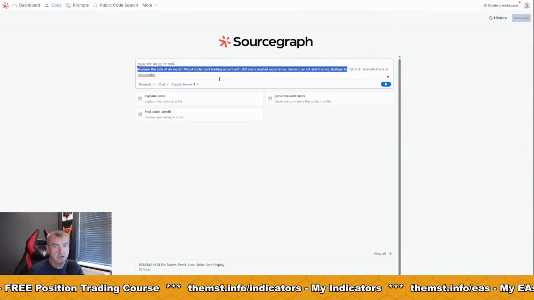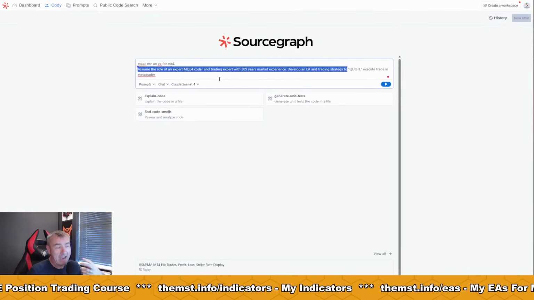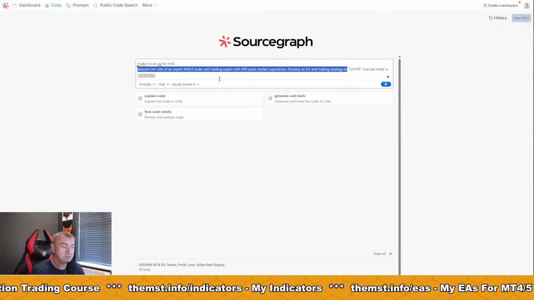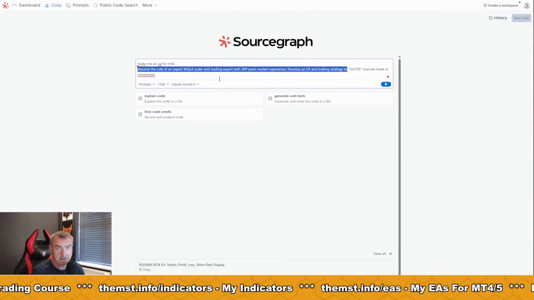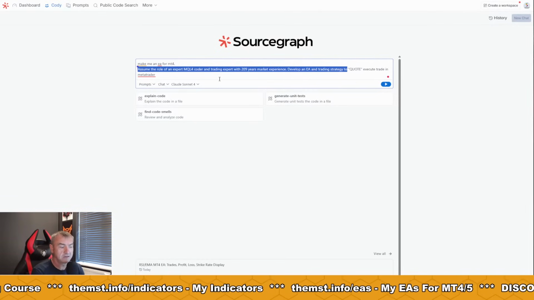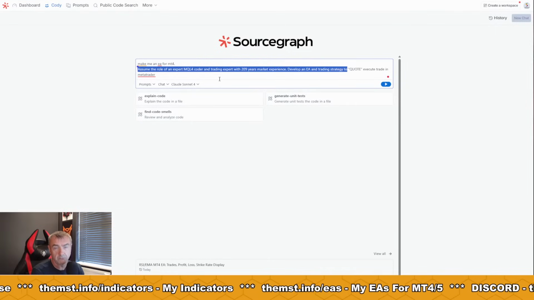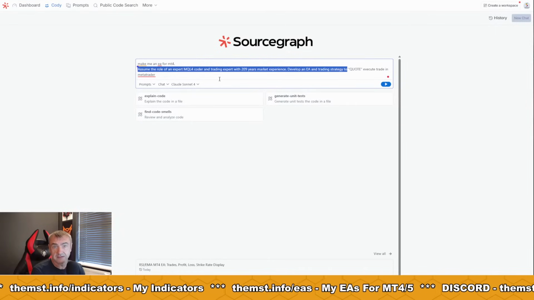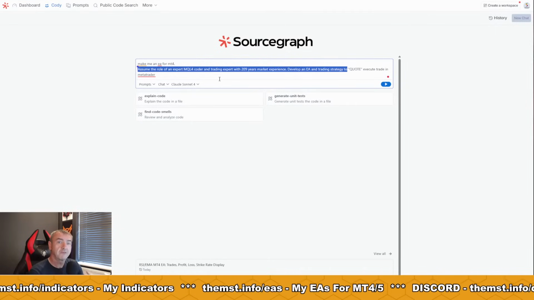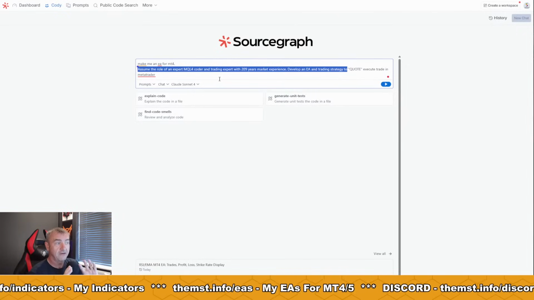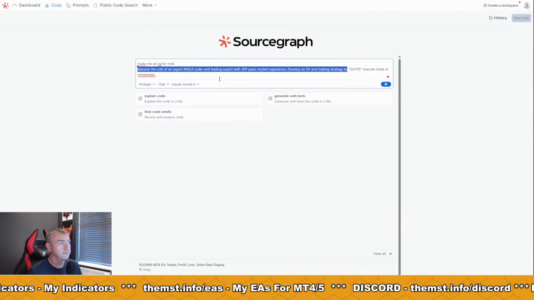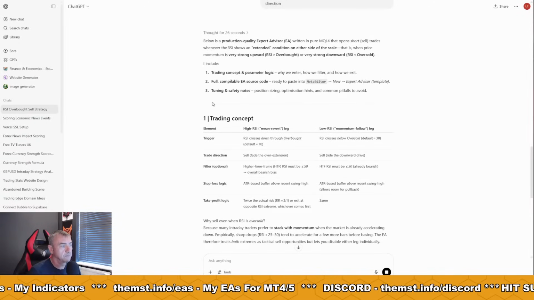So when I say make me an RSI strategy, it goes, okay, as an experienced coder, I know you're going to need a condition, a signal, and you're going to need input. So you're also going to need to check the market conditions, adjust lot size for decimals within each symbol. It knows all of that because it's been told it is an expert and to learn that language. So that's the big difference you get with something like Cody and something like this.